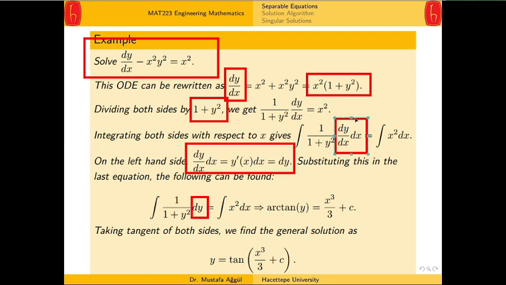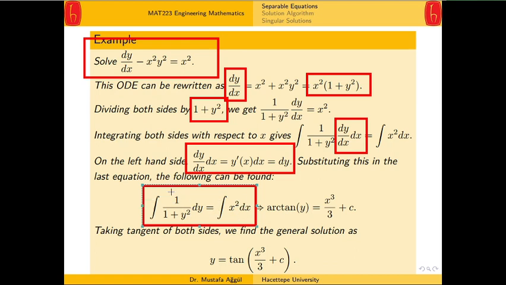So we replace this term with a dy here. Now let's see what's happening. We basically have only the terms with y on the left hand side, and on the right hand side we have only the terms with x. So this is integration.